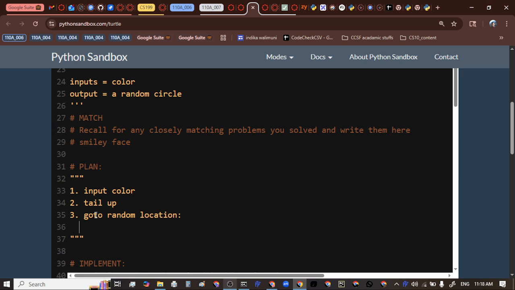So I would say, so 3.1, generate x randomly, right, and then generate y randomly, right, and then move to xy, right? So 3.3, and go to xy, okay, all right.